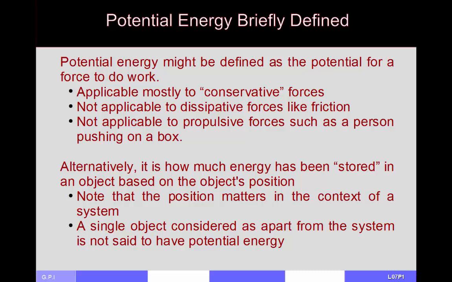Basically, the conservative forces are forces where the path length that you take to get from point A to point B doesn't matter. But the non-conservative forces are going to be things like a propulsive force, like a person who's actually pushing on a box, or the propulsion from the back end of a rocket, and it's also dissipative forces like friction.